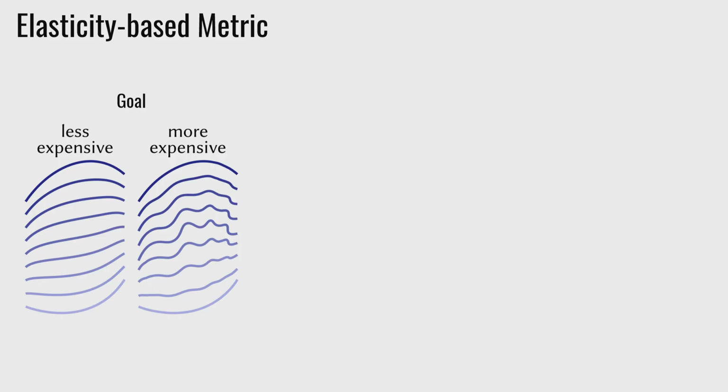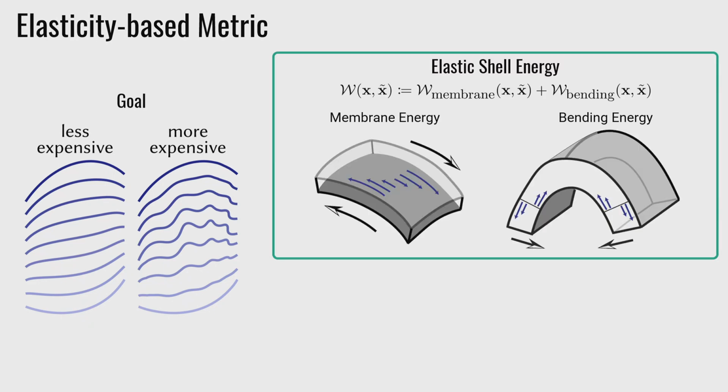Because it's a natural way to say, for example, for this curve example here, the left deformation from the top curve to the bottom curve is somewhat more natural and cheaper than this wobbly thing on the right side, which of course takes a lot more elastic energy to do all these bendings. To formalize this, we will talk about an elastic shell energy that has two components. I have two realizations of my surface, x and x tilde.